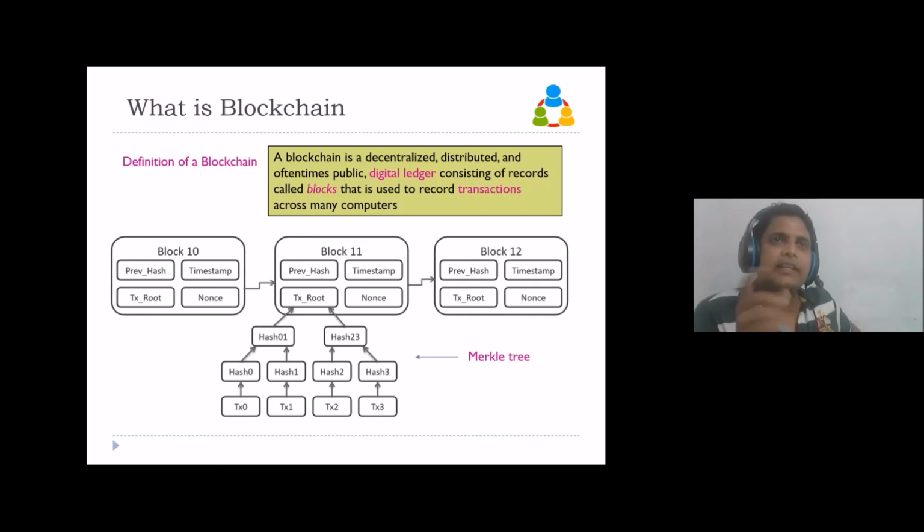So essentially, to answer your question, if you are modifying the data, your block will no longer be the same. And if your data is different from all the other computers, you will not be able to do any transaction. The only thing you will have to do is delete the data and copy back all the data from other computers.